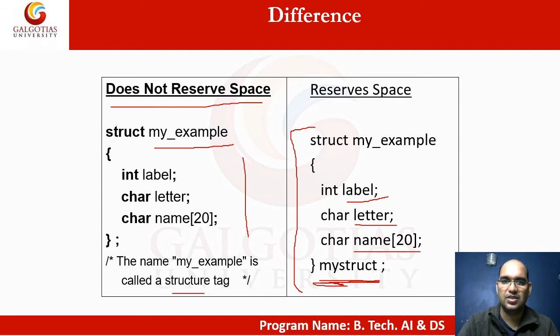This is the difference between these two examples: in the first, no space is reserved in memory, and in the second, space is reserved in memory for my struct.